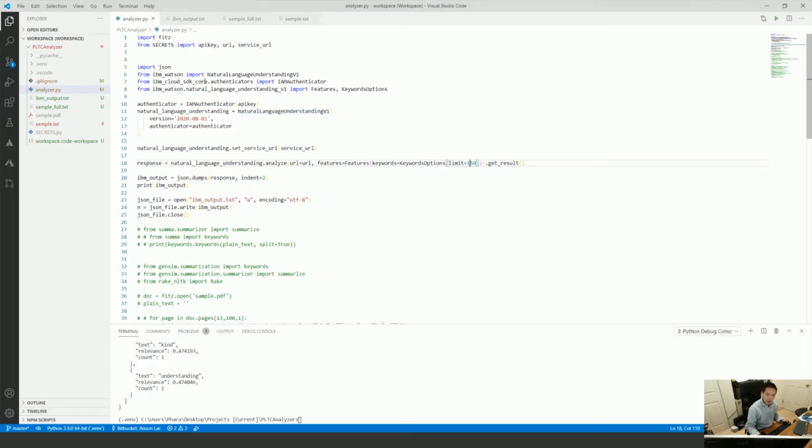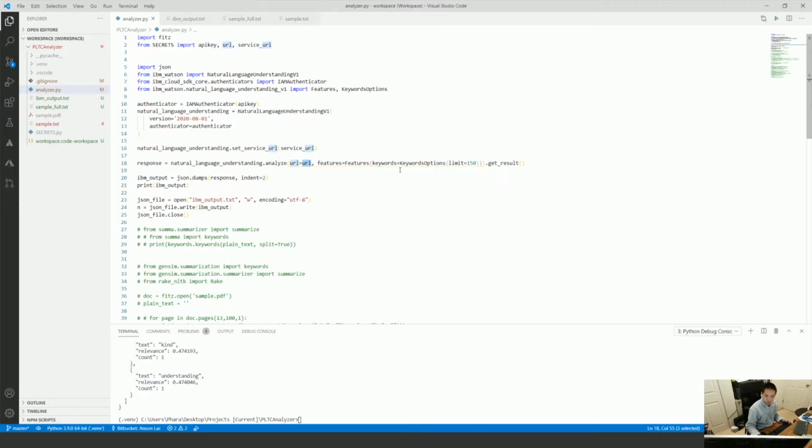So let's go back. What we're doing is we have this authentication, we have the service URL, and then we're sending them a text file. So I've sent them this sample.txt file. I've uploaded it in a super secret URL that's in my secret file.